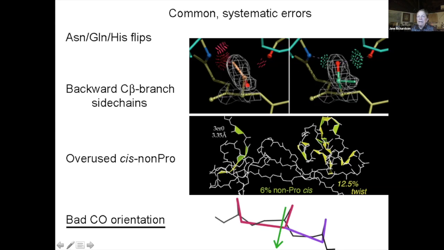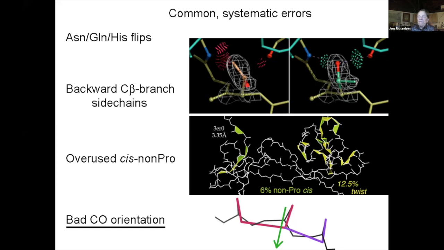And then again, cis non-prolines. For cis prolines, about 5% of them are cis. And so that's fine. You can actually tell the difference even at 3 angstroms if you're careful about it for proline. For non-proline, you need to be closer to 2 angstroms to tell the difference. And they're extremely rare. Only about 1 in 3,000 non-proline peptides are cis.